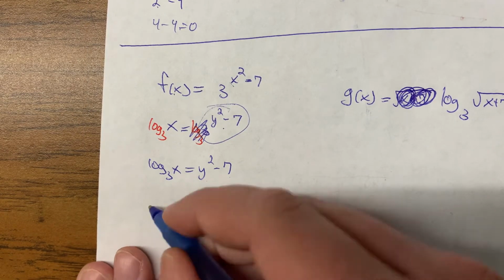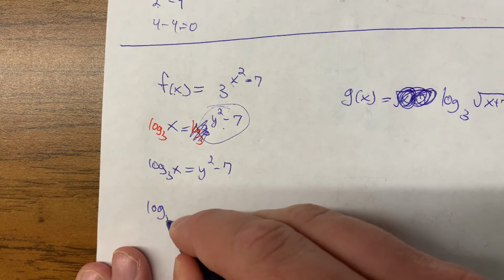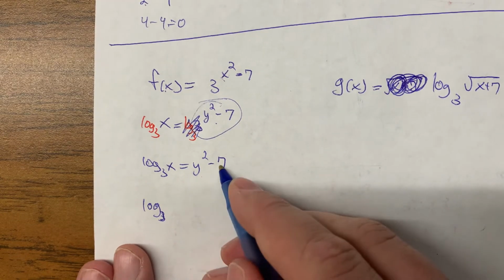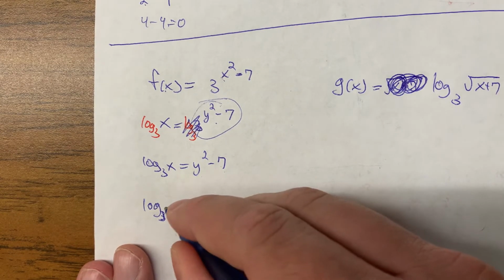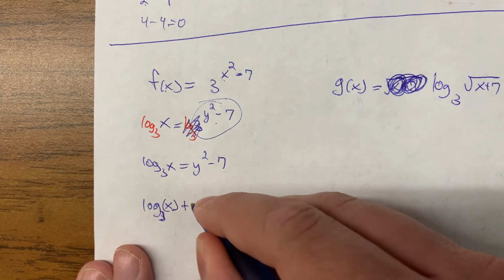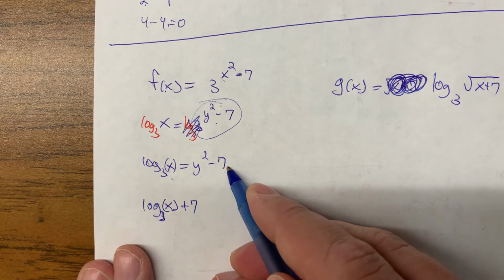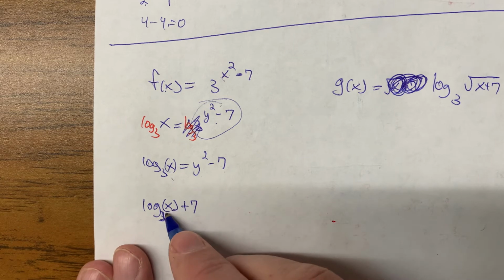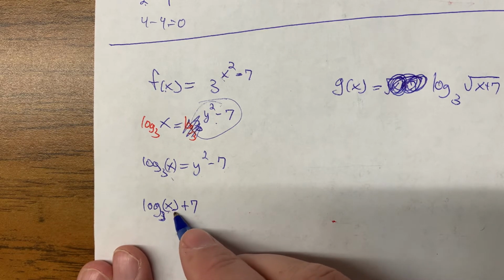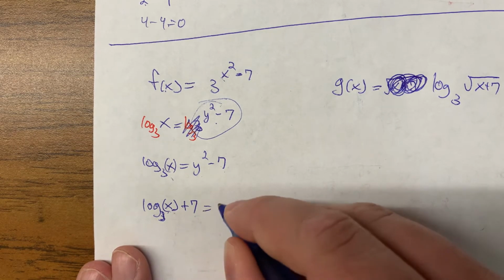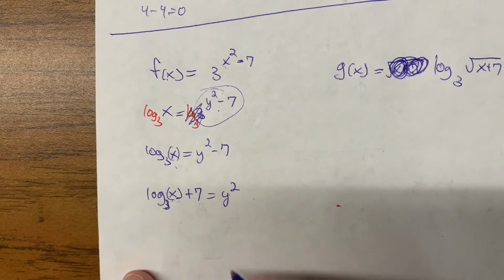And we're going to add 7 to both sides. So log base 3 of x. Now this is important. When we add the 7 to the other side, we're going to make sure we close the parentheses to show that the log ended. We already did log, we're not doing log base 3 of 7, we're just adding the 7 to the other side. So we want to close the parentheses here to show that the log ended, and now we're just adding 7. And last, we'll do the square root.